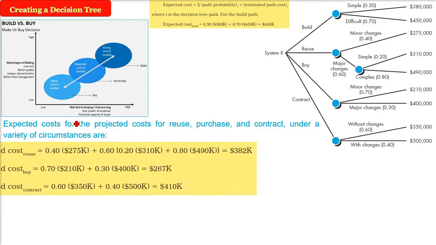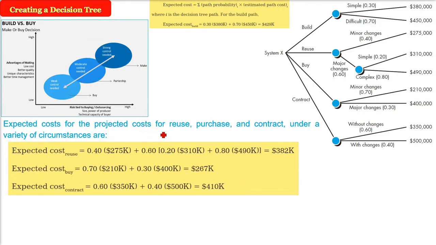So let us do the other ones also. Expected cost for reuse, purchase and contract under a variety of circumstances. For example, with reuse there can be major changes and minor changes. In major changes, you can have simple and complex. So we have multiple branches here. First you take 0.40 into 275K. Then you do 0.20 into 310K and 0.80 into 490, add them, multiply this by 0.60, and then add 0.40 into 275.